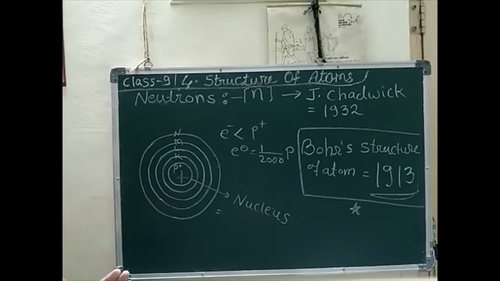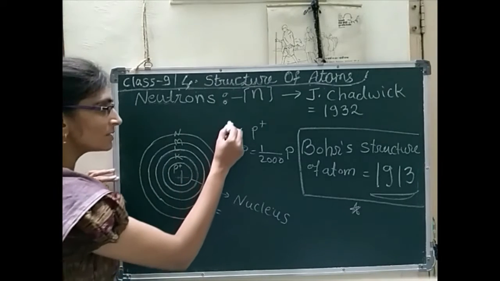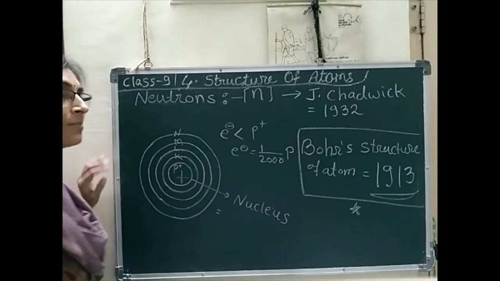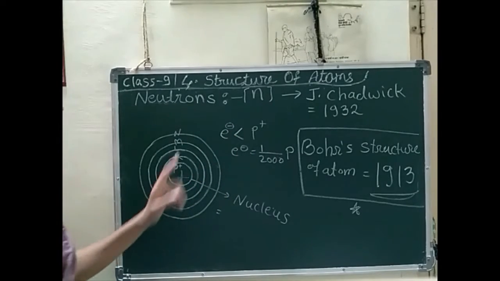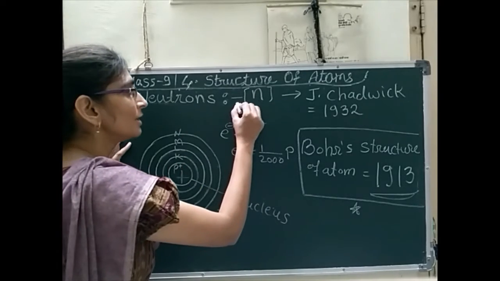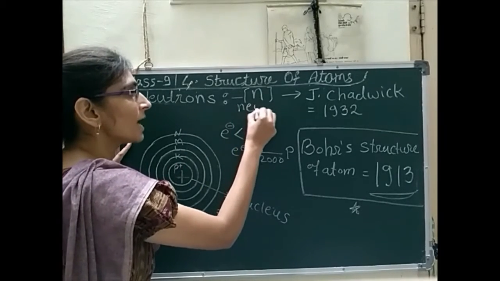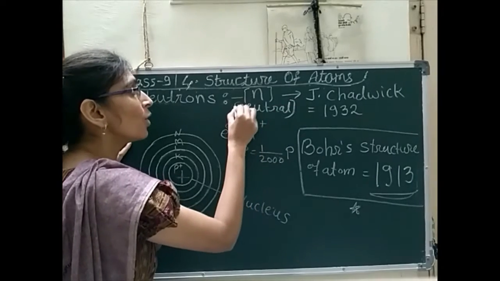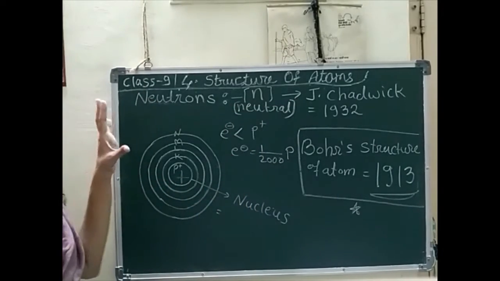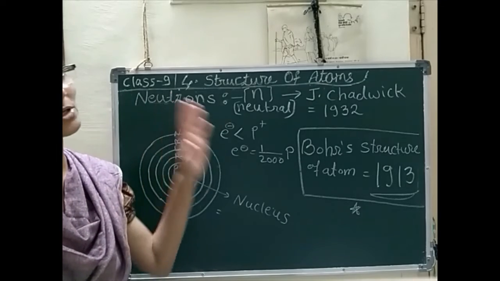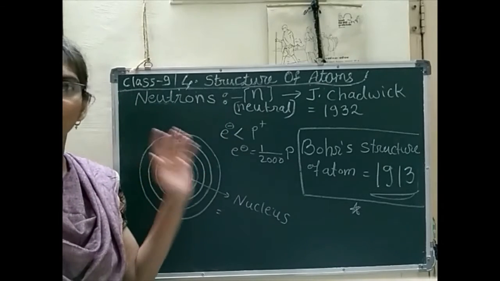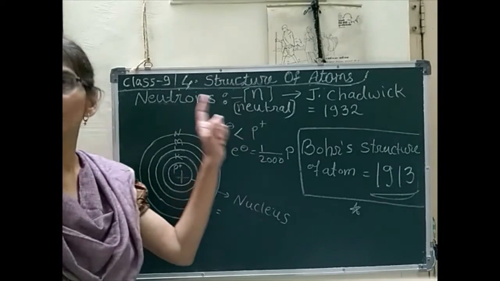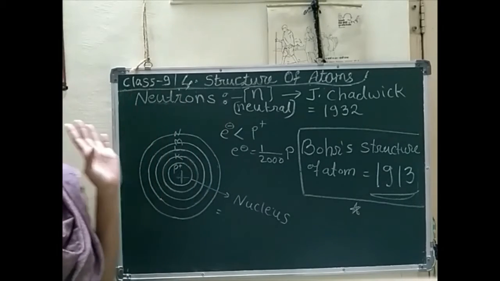Electrons have negative charge, protons have positive charge, and neutrons are neutral in charge, meaning they have neither positive nor negative charge.